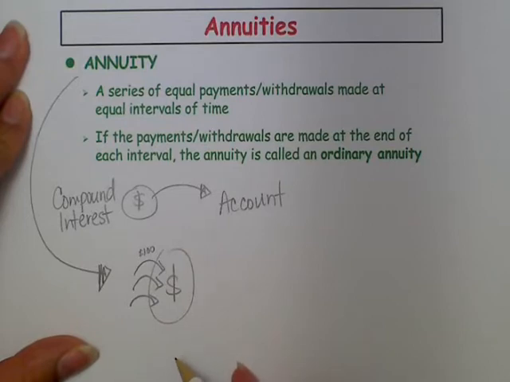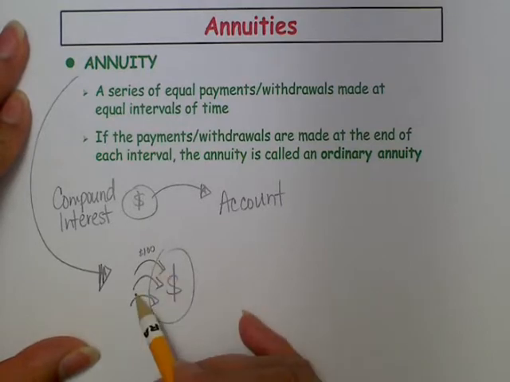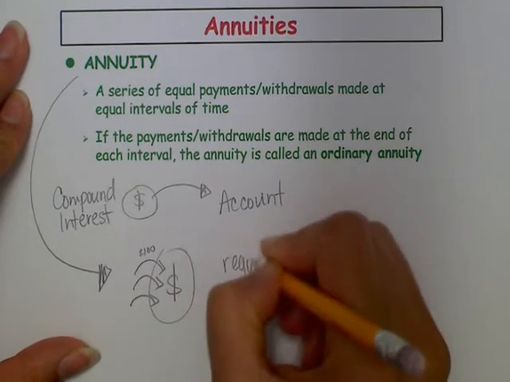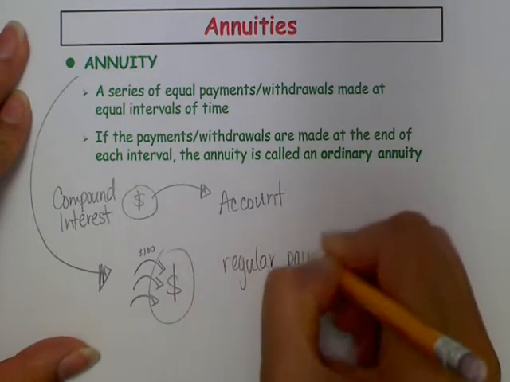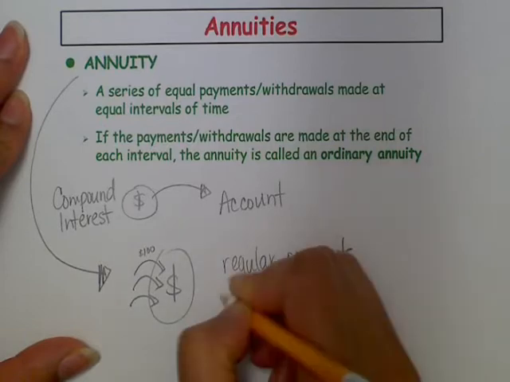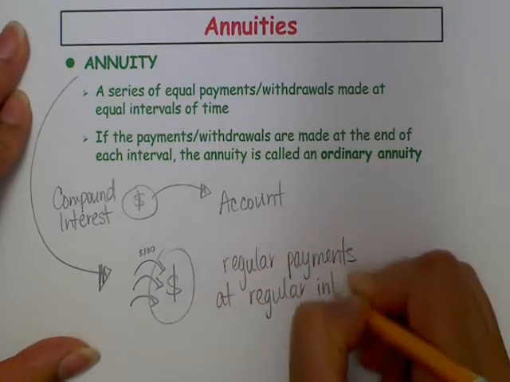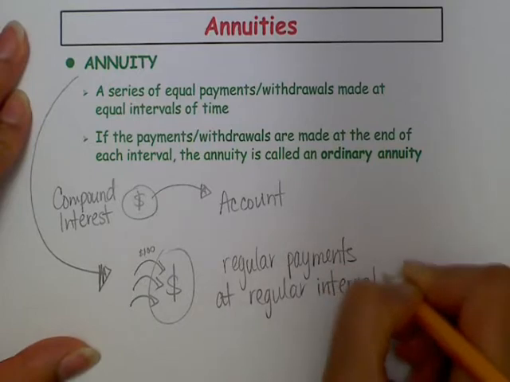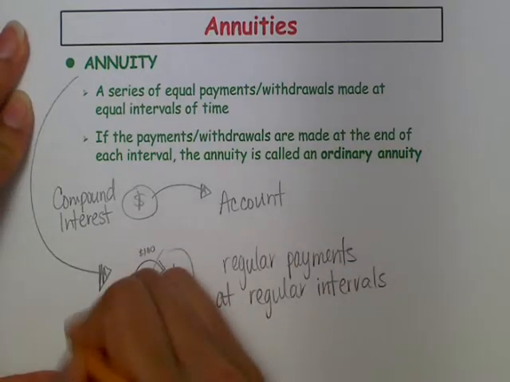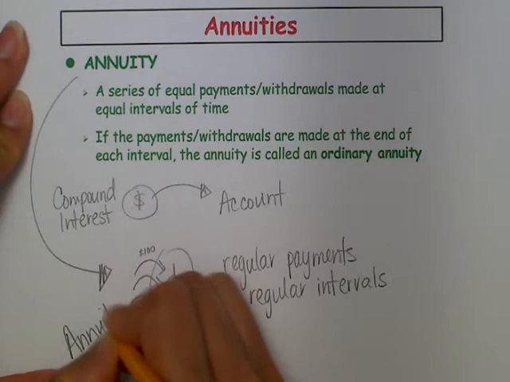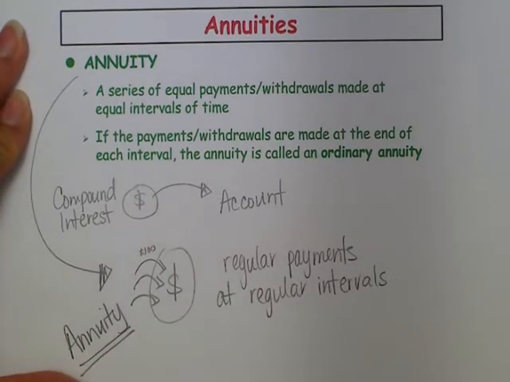Every 2 weeks I save $100, so I'm making regular payments at regular intervals. An annuity looks at regular payments or withdrawals being made at regular intervals.